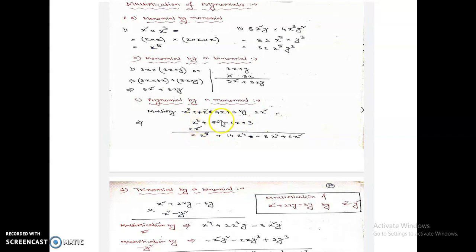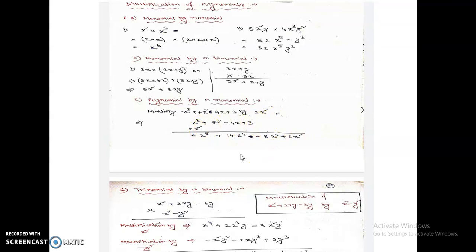So each and every term of the polynomial has to be multiplied with the term 2x square. Okay, so it will be 2x to the power 5, 2x square into 7x square, it will be 14x to the power 4. Similarly, 2x square into minus 4x will give you minus 8x cube, and 2x square into 3, 6x square.